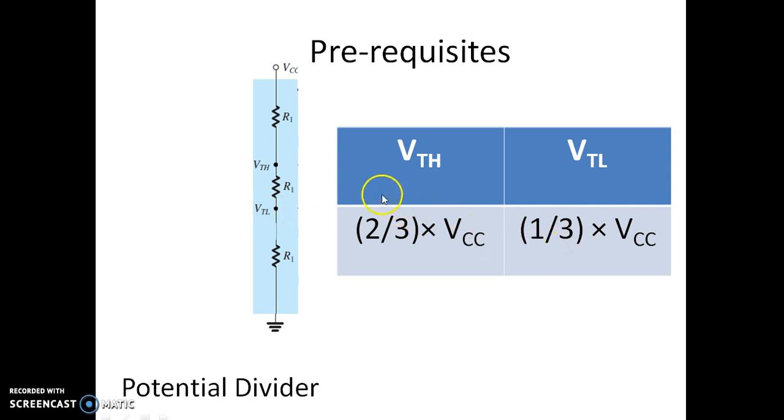With this prerequisite, we can understand the working of the 555 Timer. So we have three resistors of the same value connected between VCC and ground. The voltage at VTL is 1/3 of VCC, and at VTH it is 2/3 of VCC. We call it VTH because it is the higher threshold, and this is the lower threshold voltage.